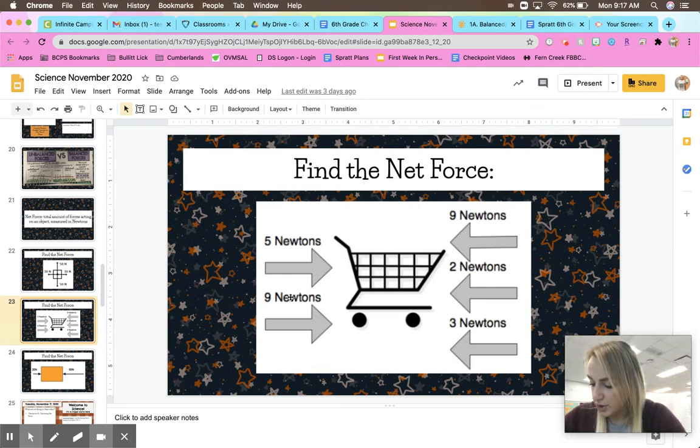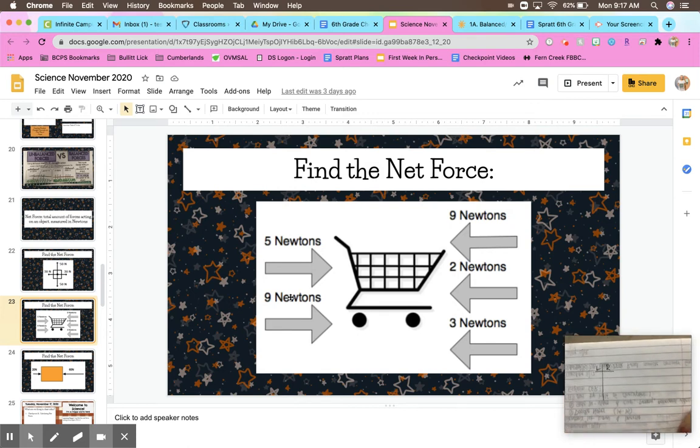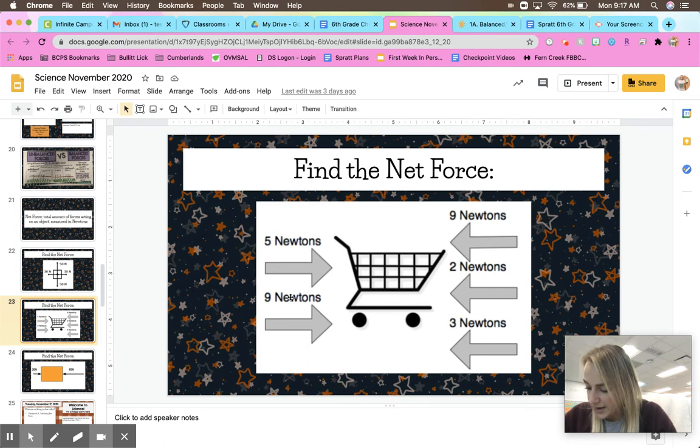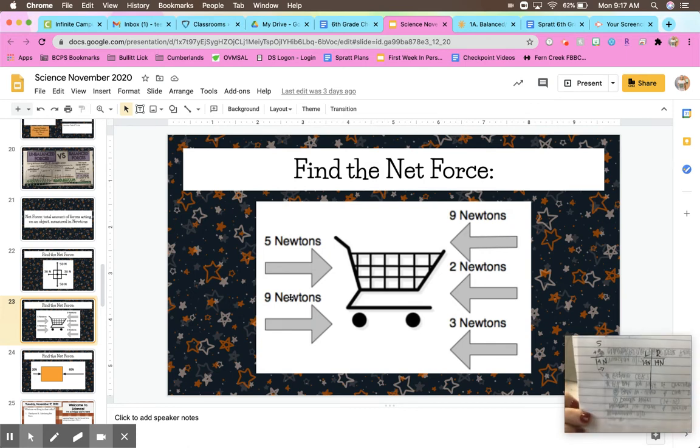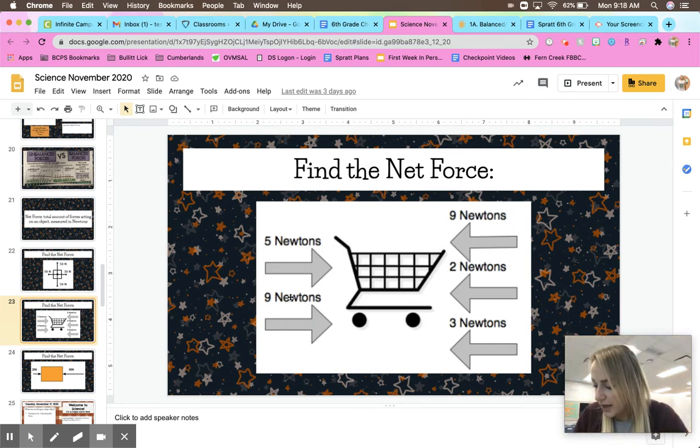So I would set up like a little T-chart, like so, left and right, and I would have right is 14 newtons. And then on the left, I would do 9 plus 2 plus 3, which is, again, 14 newtons on the left. So 14 minus 14 is going to be 0. So again, that is a balanced force, and it's a 0. It's not going to move.